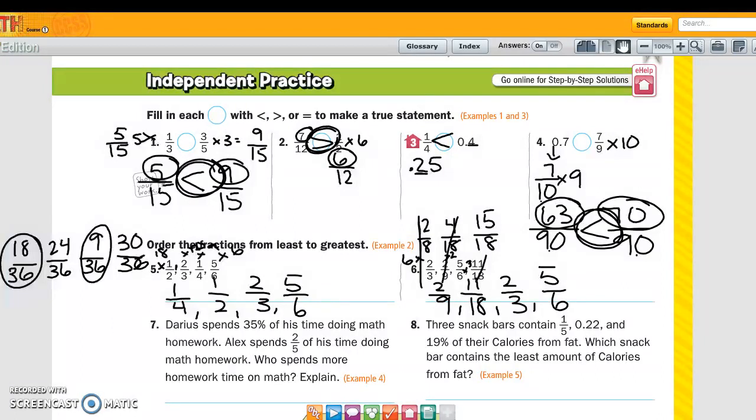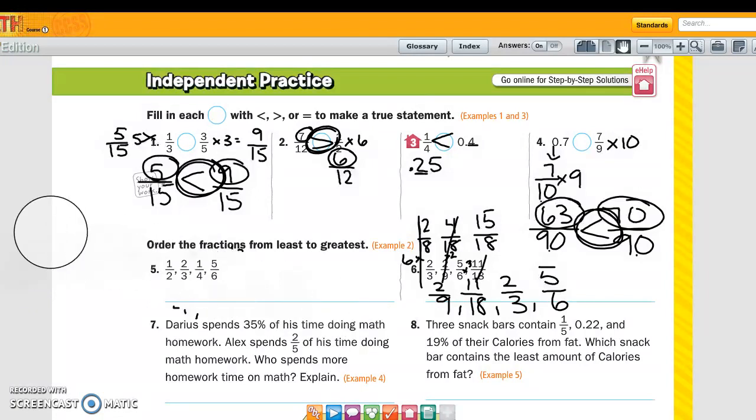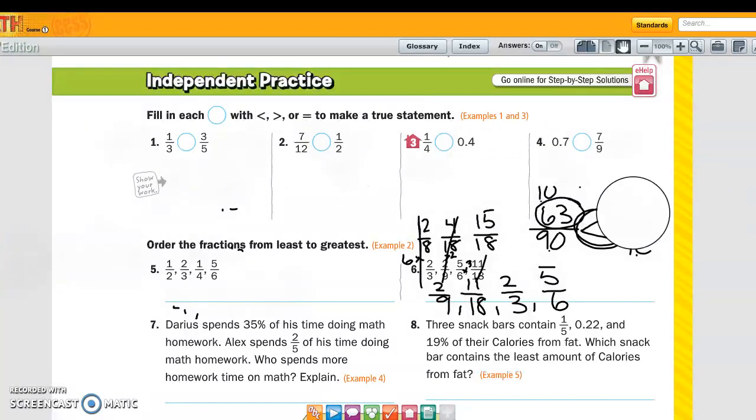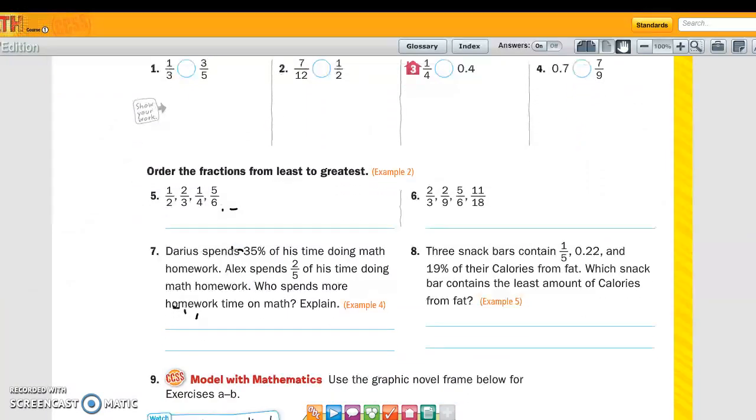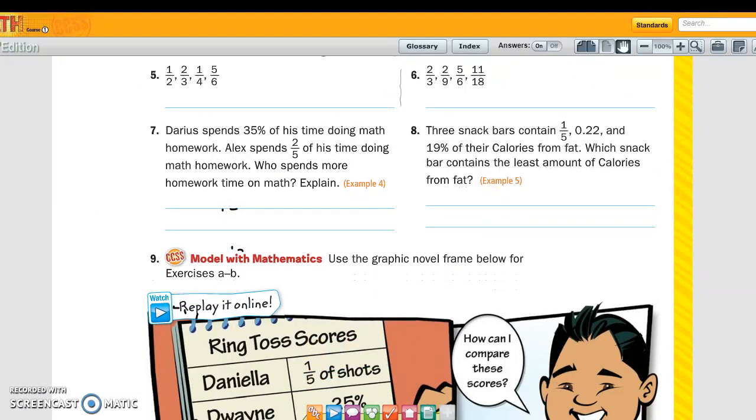Okay, at any time, if you need the sub to stop and go over again, make sure you're asking. I'm going to erase that this time and scroll up so it's easier for us to see the bottom. Okay, number 7. Darius spends 35%.